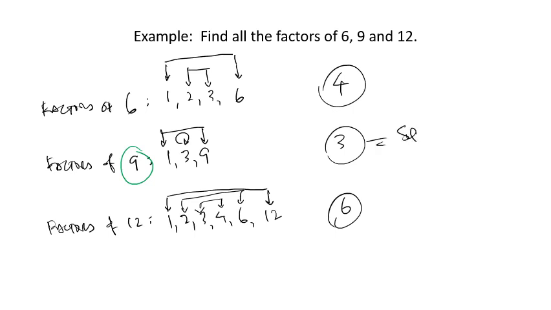And so whenever you have a perfect square, you're going to have an odd number of factors. So I just wanted to point this out about perfect squares and this idea of them pairing off. They always do pair off. Just in the case of a perfect square, one factor pairs to itself.